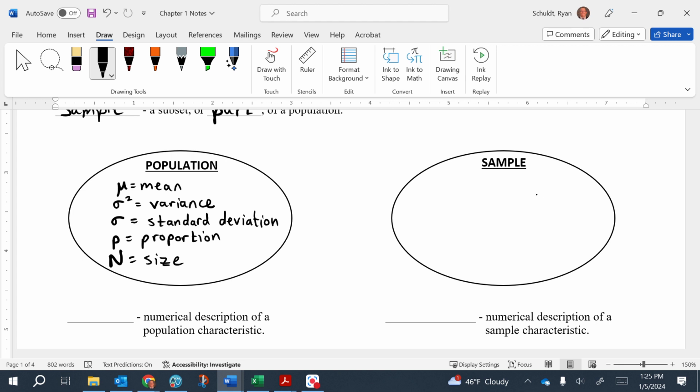We also have equivalent ones for a sample. If I'm talking about a sample mean, that's going to be X bar. So that's our sample mean. Sample variance is S squared. Sample standard deviation is S. I'm going to abbreviate standard deviation as STD dev.